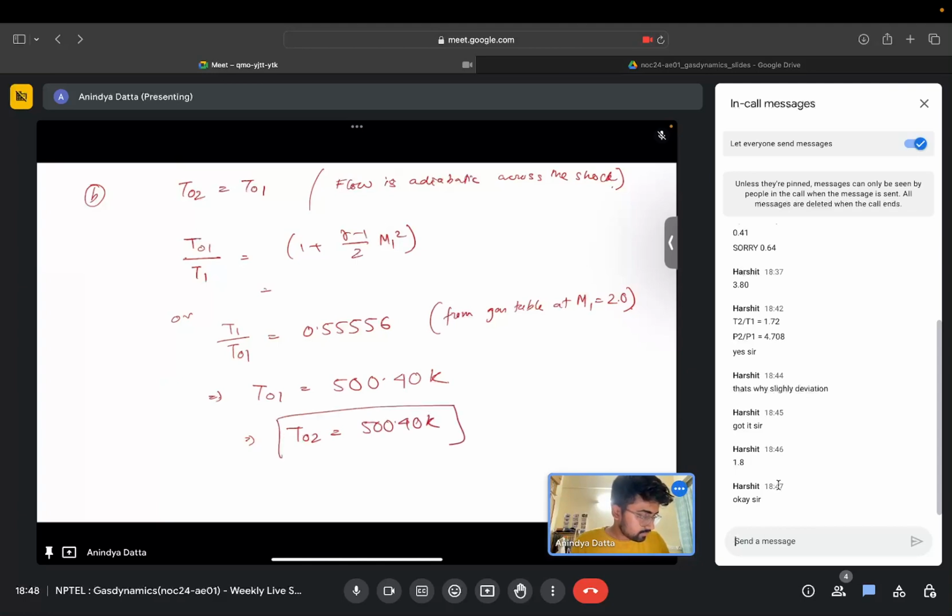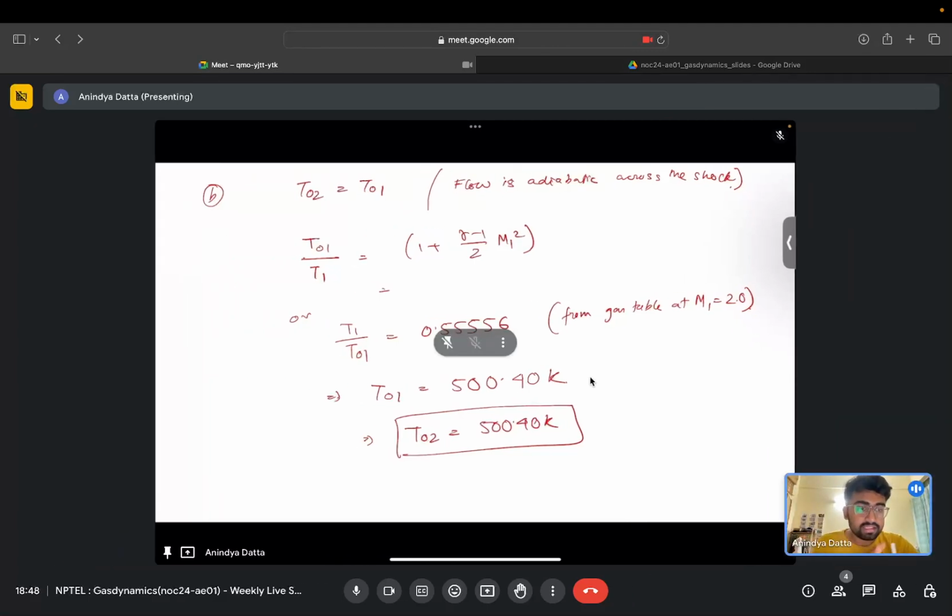Again, you could have taken the ratio of T02 to T2 at the Mach number M2 and you should have gotten the same answer. You can also use T02 by T2 equals 1 plus (gamma minus 1) by 2 M2 square. Since you know M2, if you put in the values, you should again get the same answer.